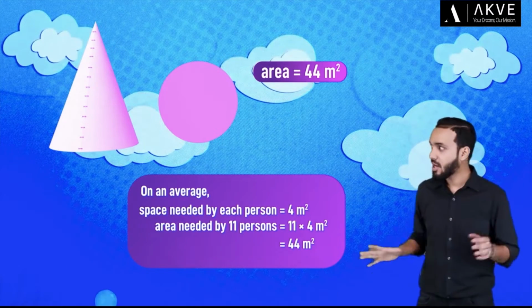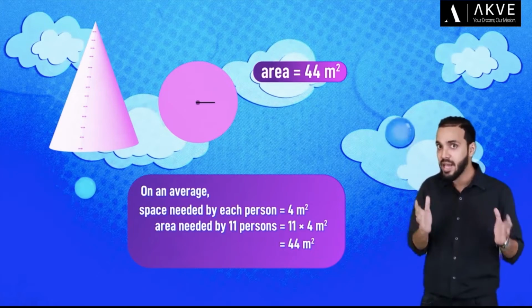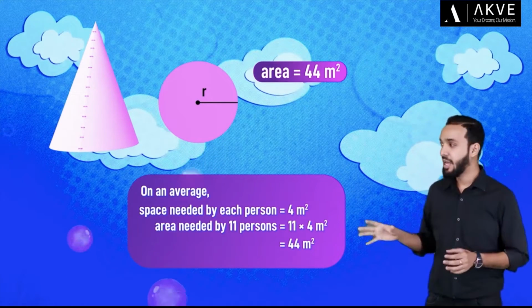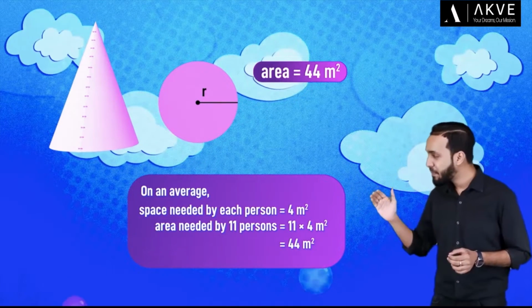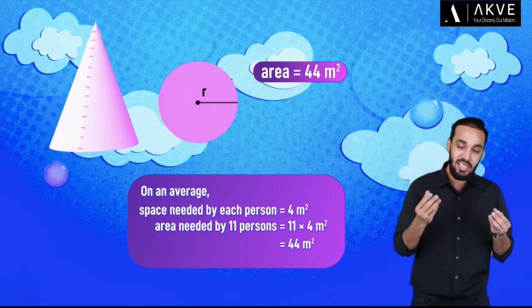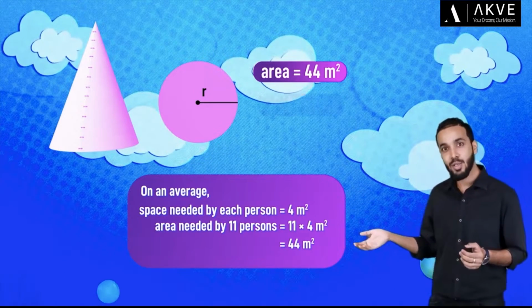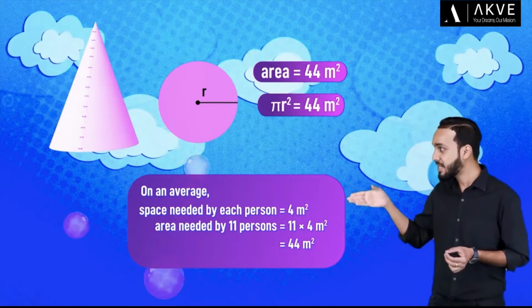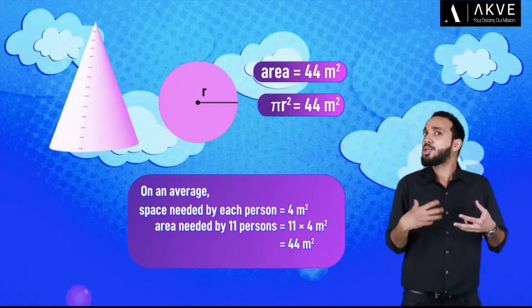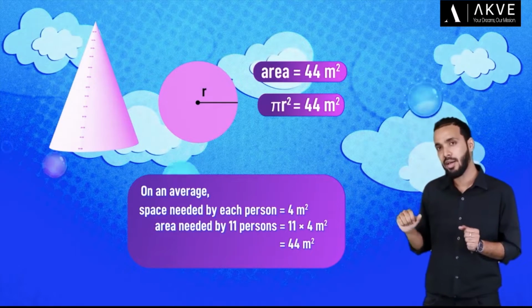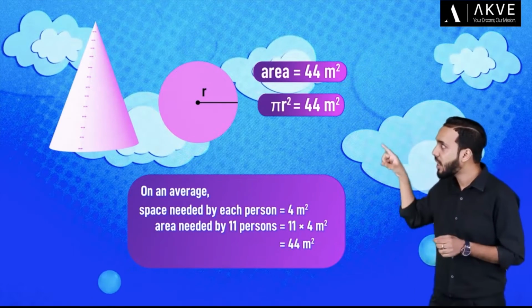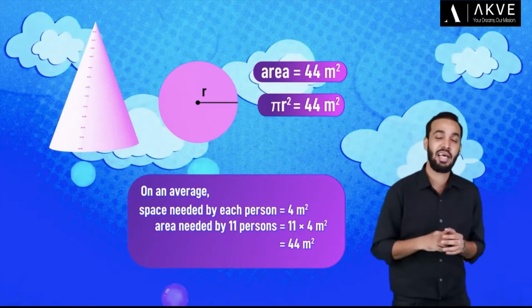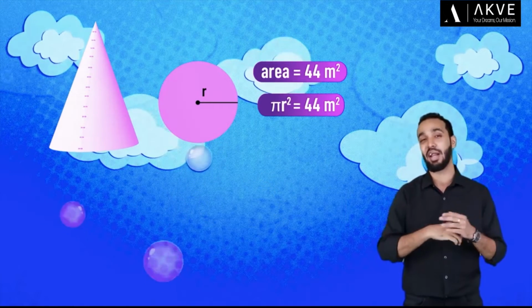So, if the conical tent has base radius r, then its base area would be pi r squared, which implies that pi r squared is equal to 44 square meters. Quite an interesting observation, isn't it? So, should we find the value of r? Let us first see what the other piece of information tells us and then we will decide accordingly.